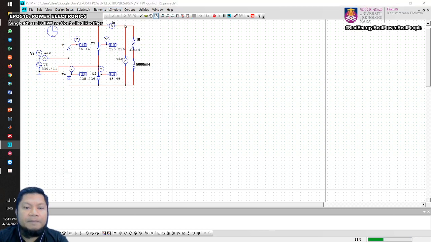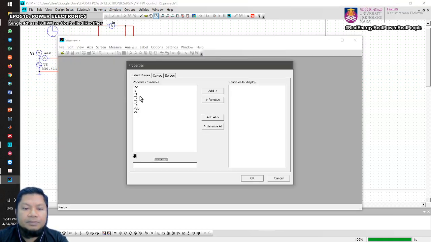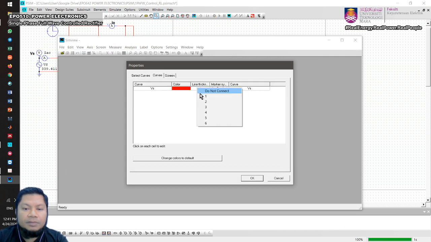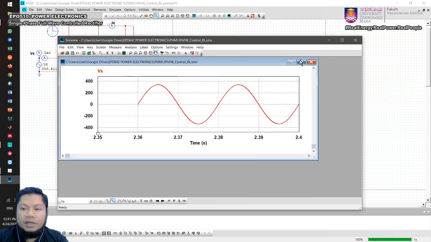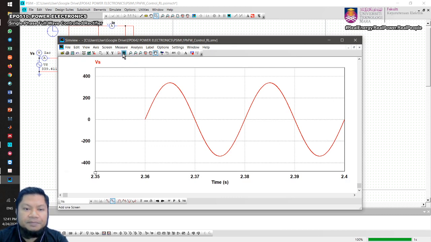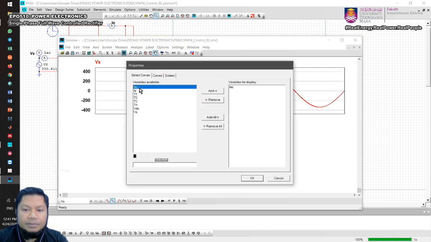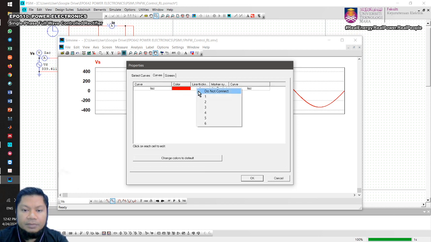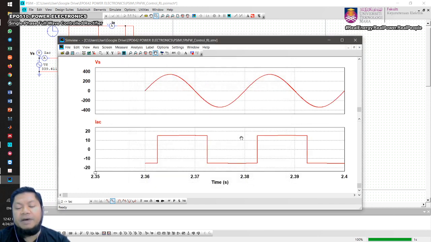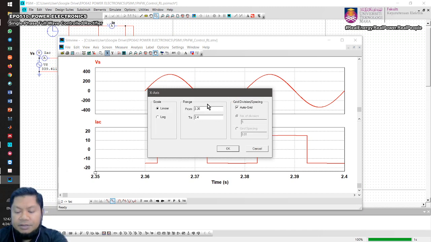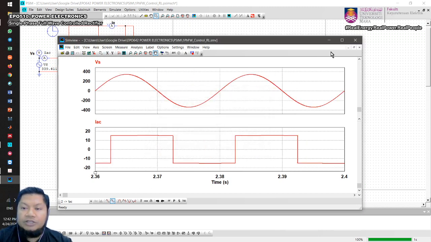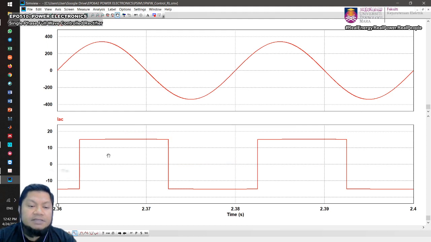I'm going to run again. Okay, I'm going to add the input current. So that is my input current. I'm going to change the 2.36. Okay, so if you look at this waveform, the input current is a square waveform, isn't it? But it is shifted by the value of alpha.